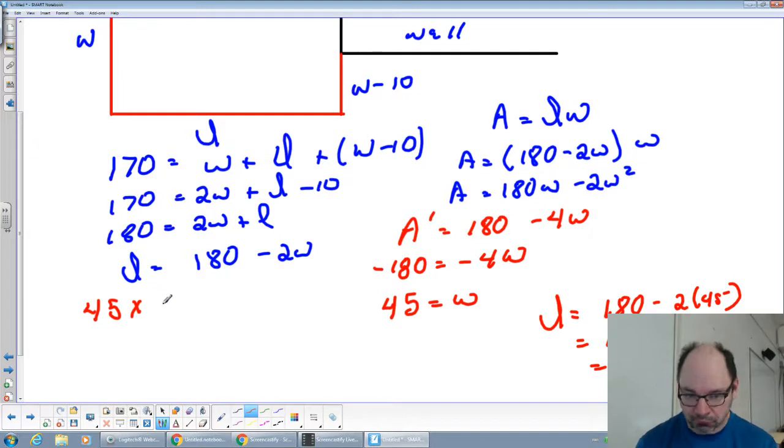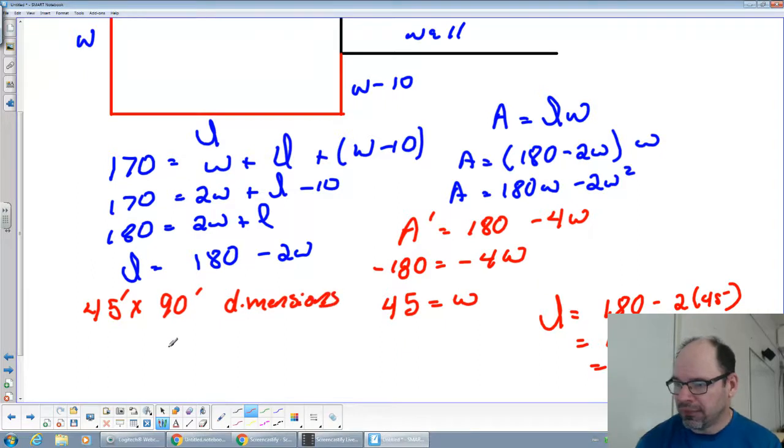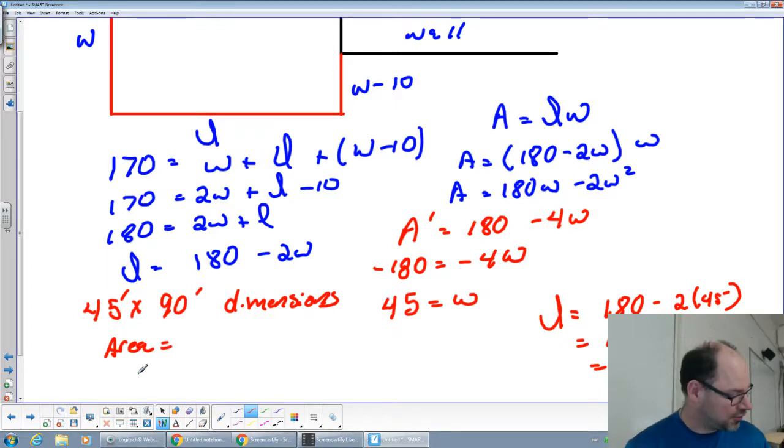So 45 by 90 feet is the dimensions. And the area would be 45 times 90, which is 4,050 square feet.